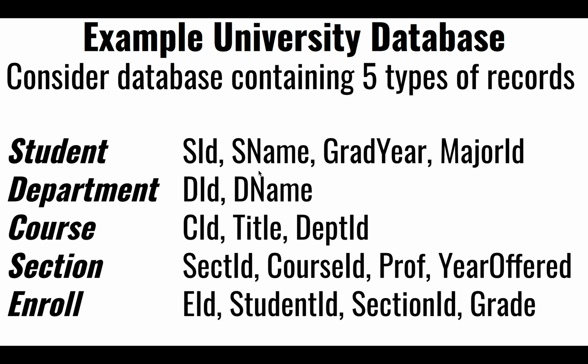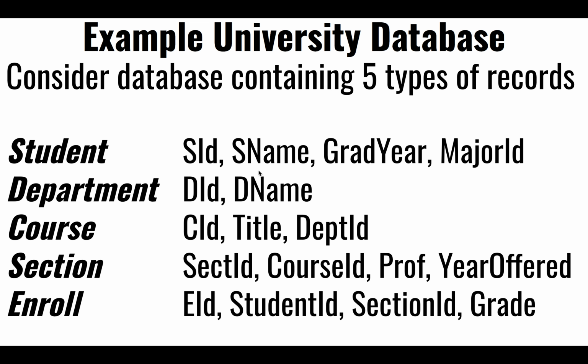Also, other things here, right? Notice that a lot of these fields have IDs in them, right? Section ID and course ID and so on and so forth. A lot of them have these IDs, and they are used for uniquely identifying each data point, right? Each data point needs to be uniquely identified. The way we typically do that is through unique identifiers.